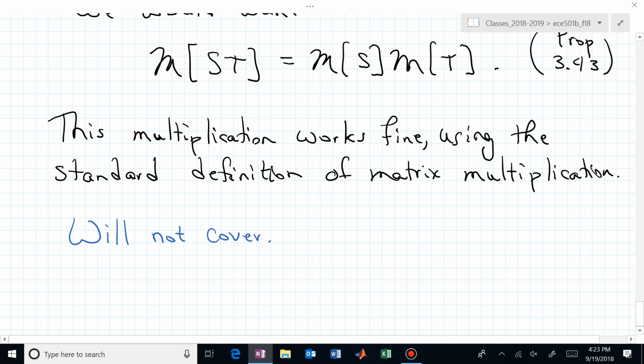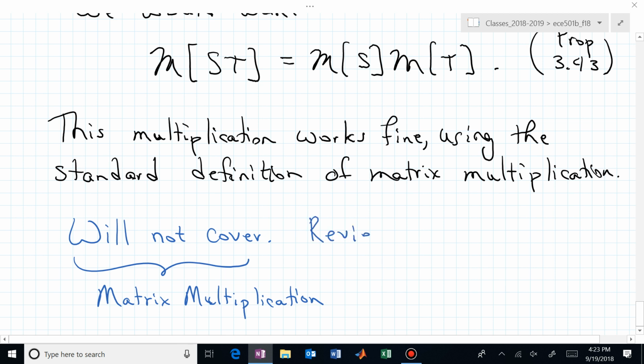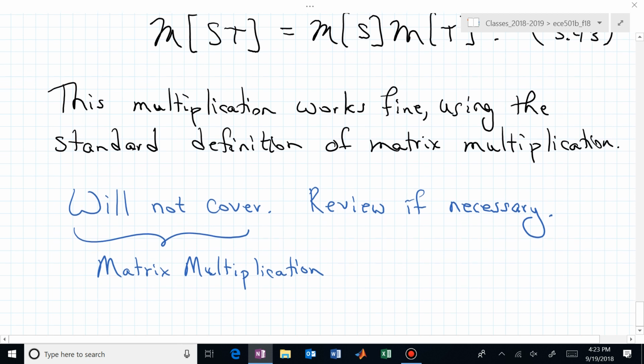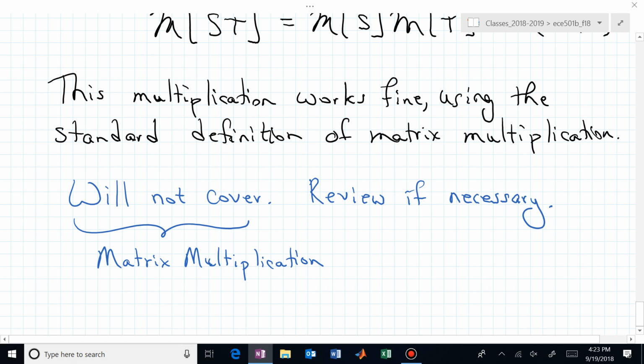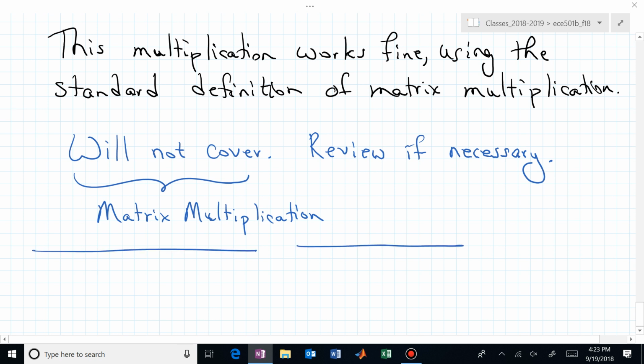And we're not going to cover matrix multiplication. I'm assuming we are comfortable with that, but you should review if necessary. What I would like to do, though, instead of going through the strict definition of matrix multiplication, is illustrate a way to maybe think about what's happening when we are dealing with matrix multiplication, what that actually looks like.